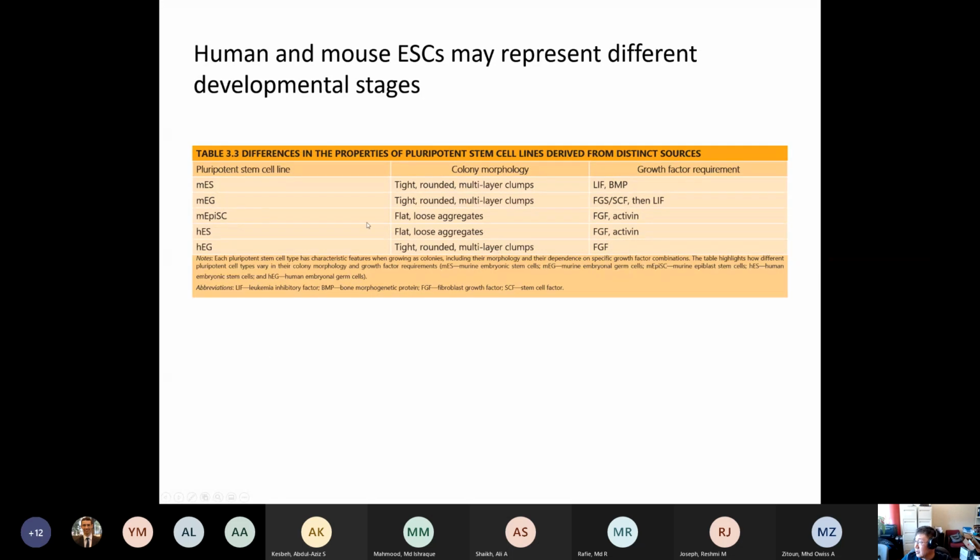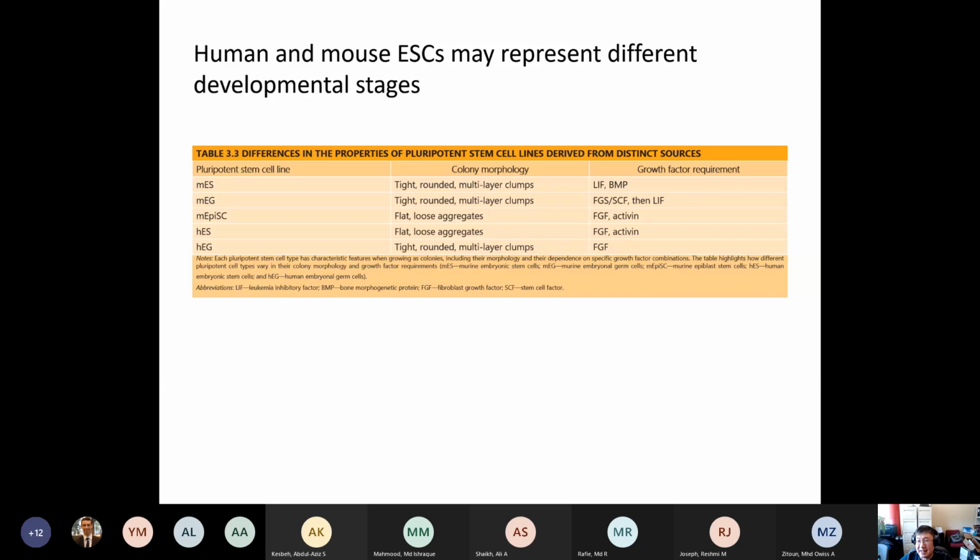So here I want to tell you the culture condition difference. If you're culturing mouse embryonic stem cell, those cells will have a tight, rounded, multi-layer clump morphology. Remember that image I showed you? It's very tight. The colony looks round with a very clean edge, and you have a dome there, right?